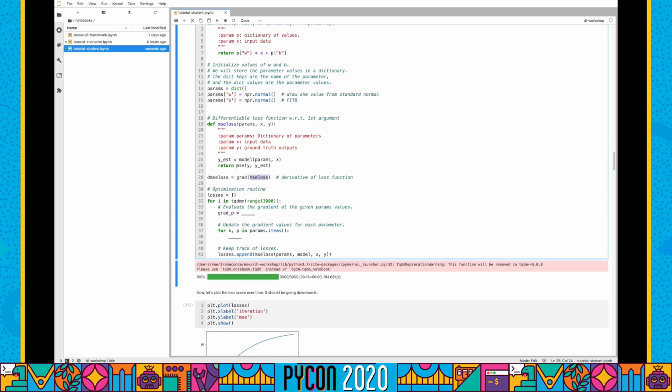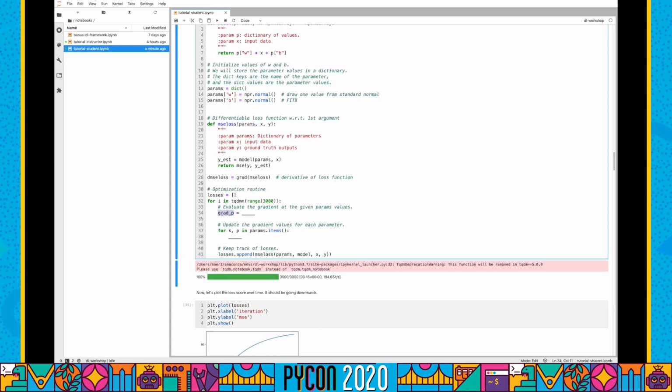MSE loss will return the MSE, so a scalar number, of y versus the model estimates, but dMSE loss will return the gradients of the parameters in the exact same data structure as the parameters were passed in. So in this case, from dMSE loss, after calling on it and passing in params, x and y, we actually get back a dictionary that looks exactly like params. We can use this to our advantage.